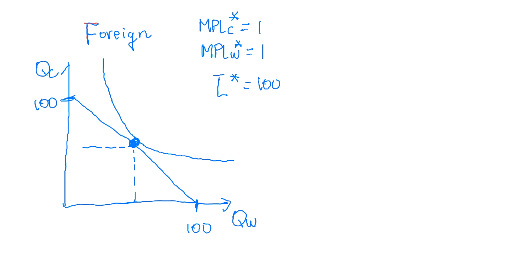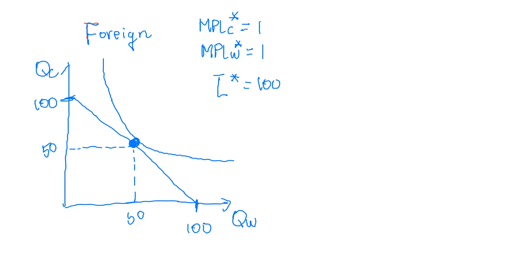What is the number that they give? Just a second. The number is still 50-50. Original production is 50, 50.